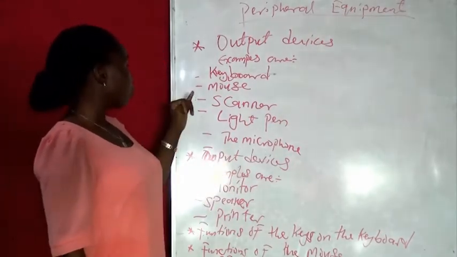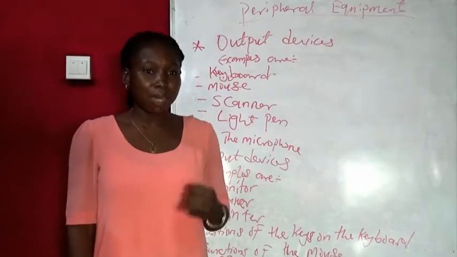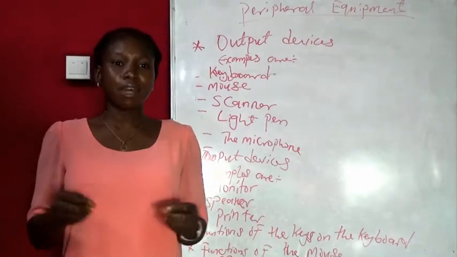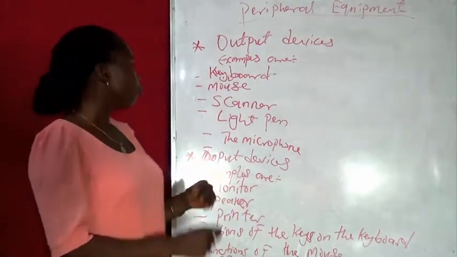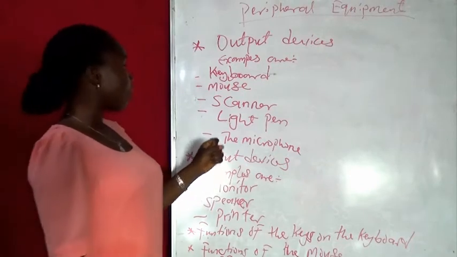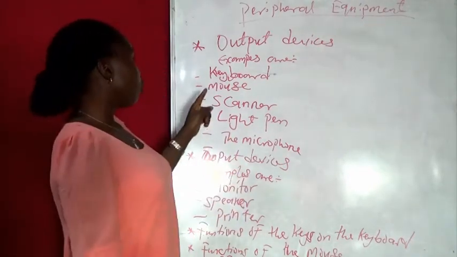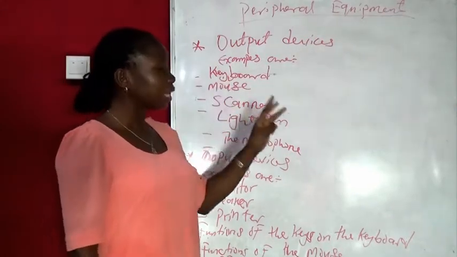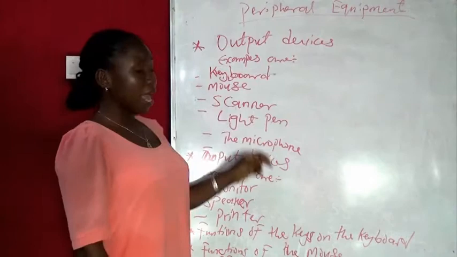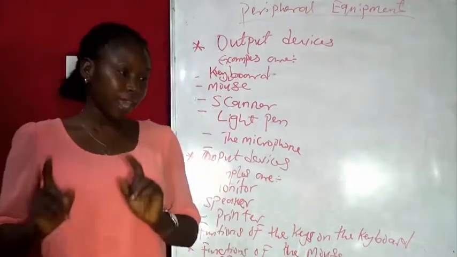We have what we call the mouse. The mouse looks like a natural mouse with a tail. It has a tail attached to it that helps you to communicate whatever you want to do or you want to type into the computer. Your mouse majorly performs 3 options: it helps you to point, to select, and to open a file.